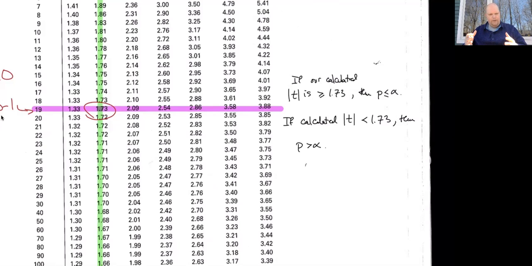So make the number positive and then compare it to this number that comes from the table. If it's bigger than that number, then your p-value is smaller than alpha and you can reject the null hypothesis. If your positive version of t is smaller than the number you find in this table, then p is greater than alpha and you don't reject the null hypothesis.